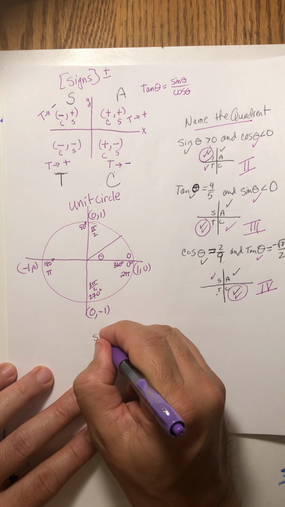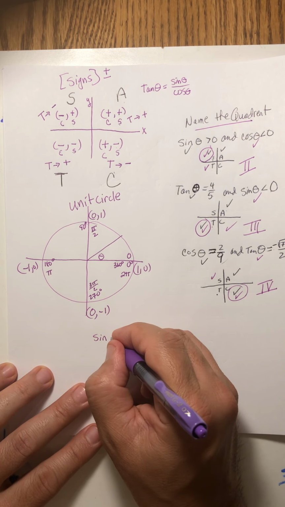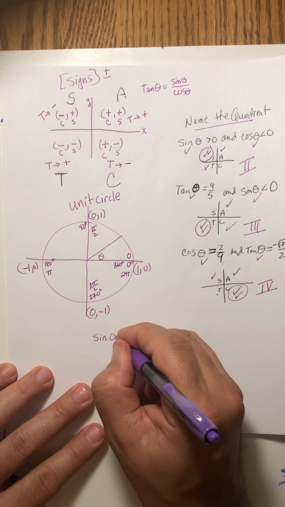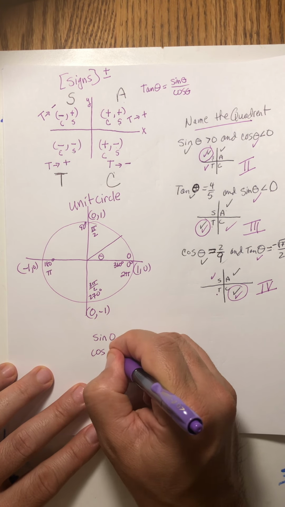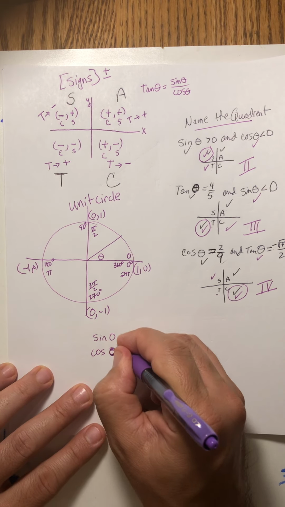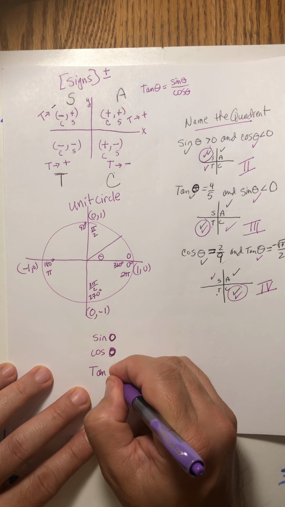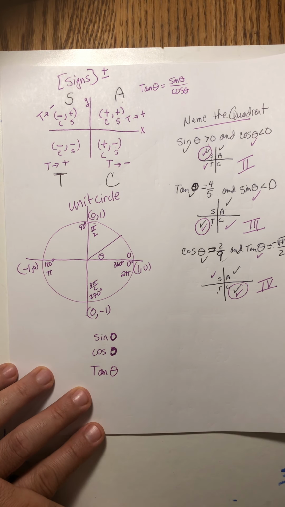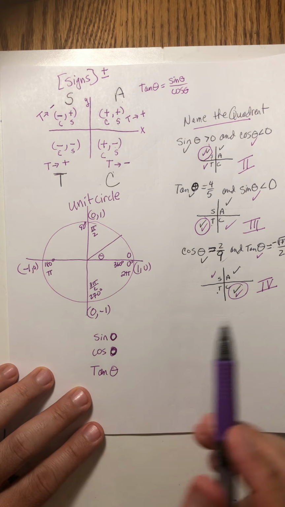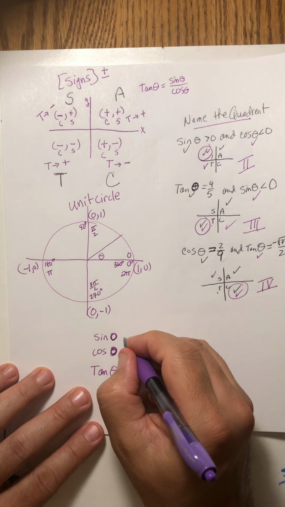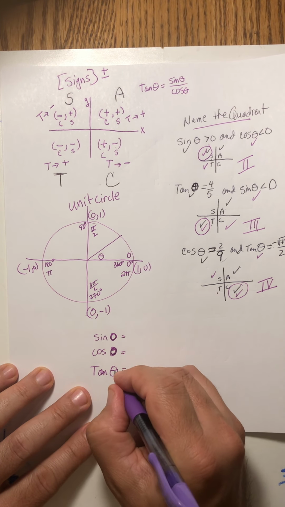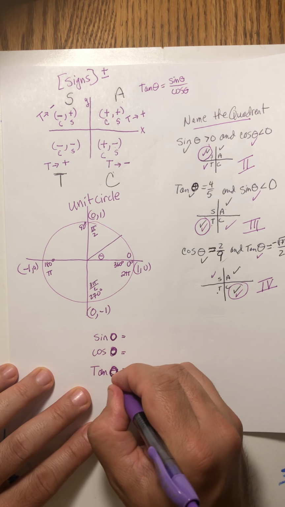the sine of 0, the cosine of 0, and you know the tangent of 0. Without using a calculator, I know this. That's a 0 right there. That's not an angle, that's not theta.